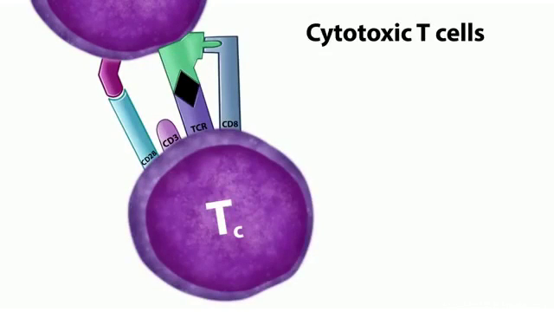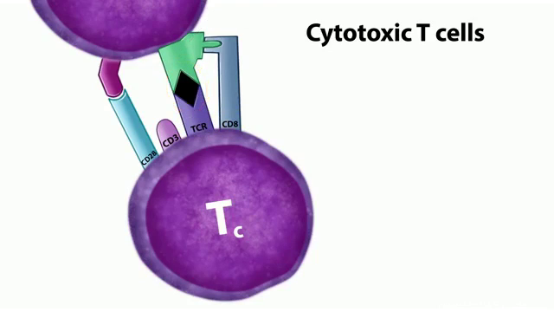Now, what about cytotoxic T cells? How do they get activated? Well, cytotoxic T cells are looking for virus-infected cells to kill, right? Or cancer cells to kill. So these cytotoxic T cells have a T cell receptor, but again, instead of that CD4, they have CD8. And that TCR CD8 complex is going to recognize an antigen that's presented on an MHC1 molecule. So CD8 recognizes MHC1, and that's your first signal.